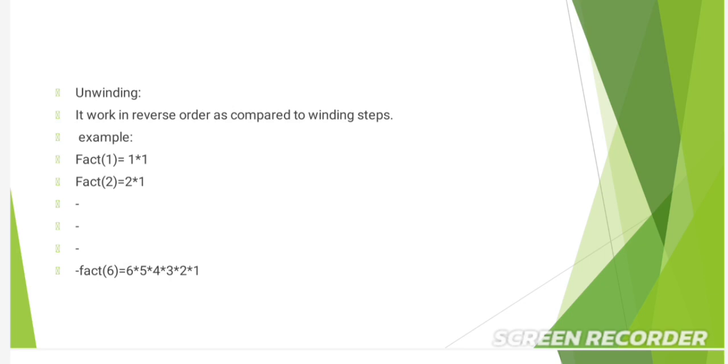Unwinding recursion means it works in reverse order as compared to the winding step. For example, fact 6 is equal to 6 into 5 into 4 into 3 into 2 into 1. It means reverse order as compared to the winding steps.